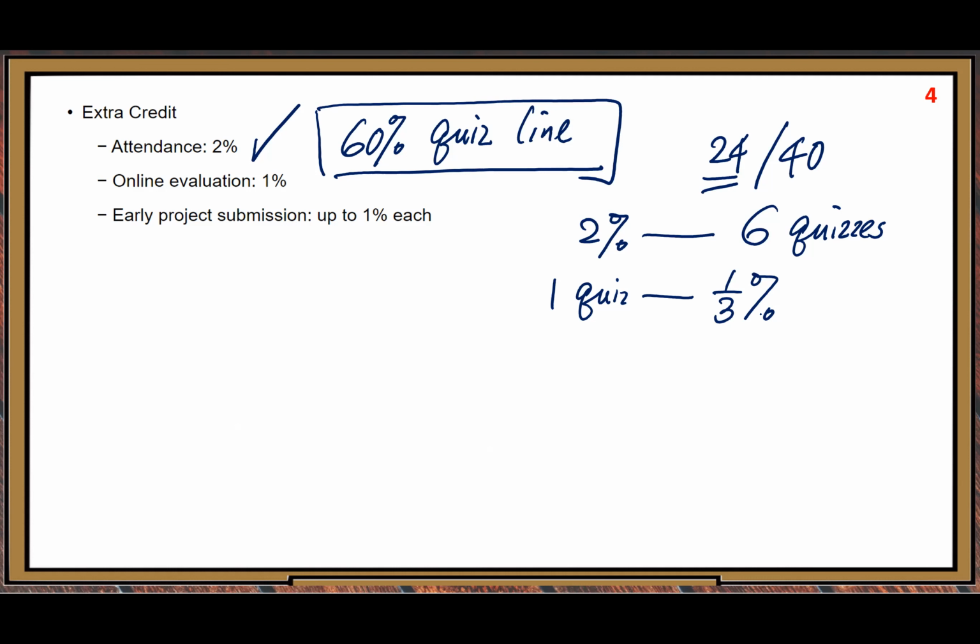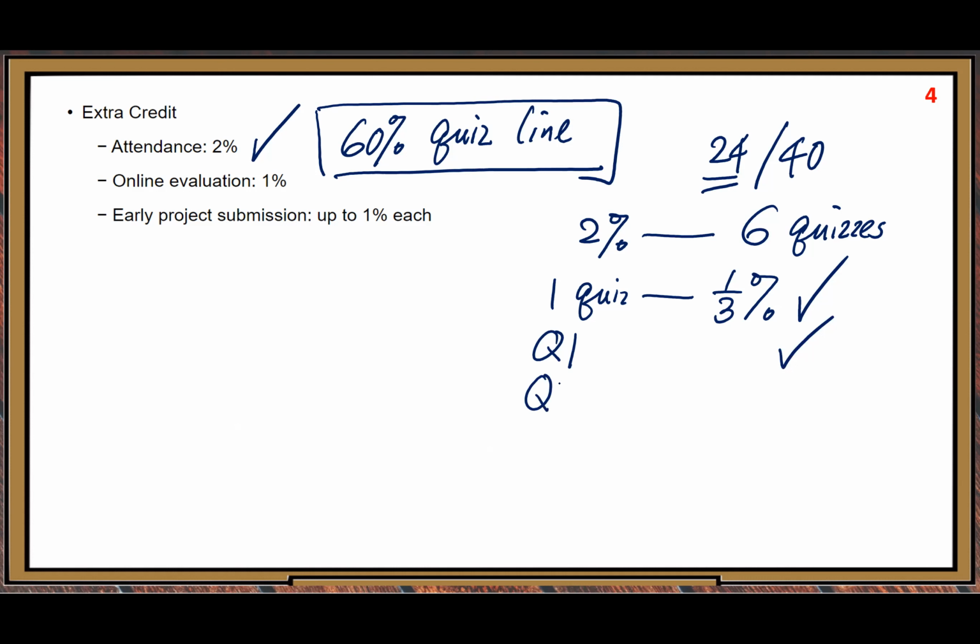If one of your quizzes passes the 60% line, you get this 1/3%. So for example, your quiz 1, you earn this 1/3%.